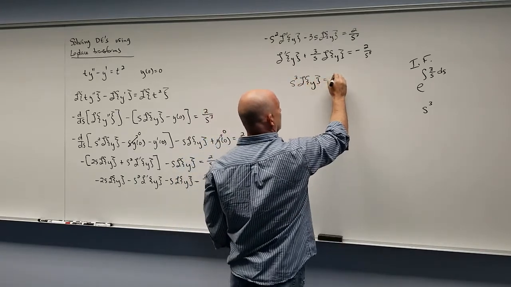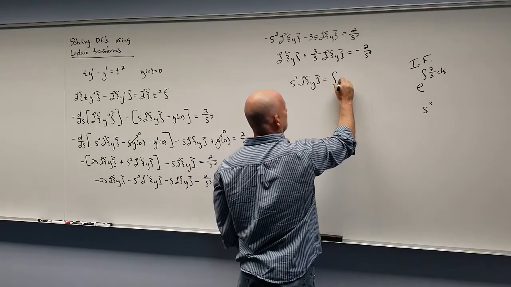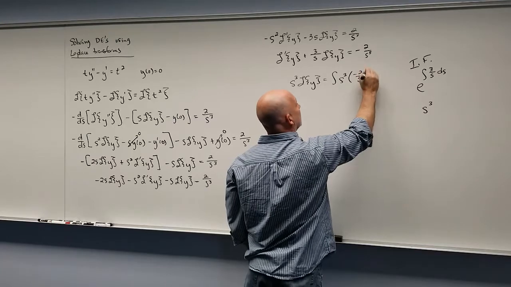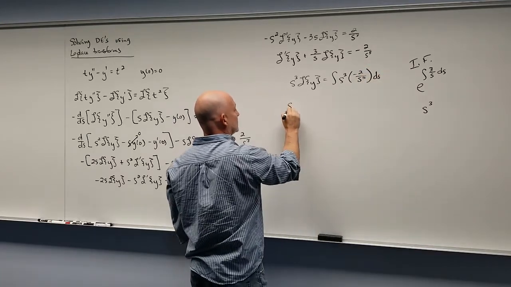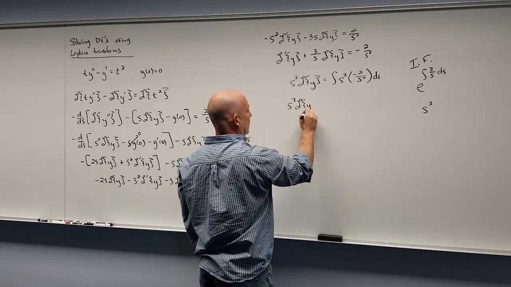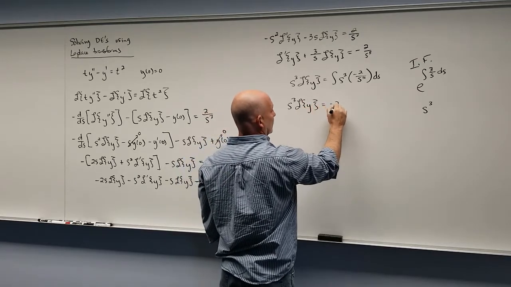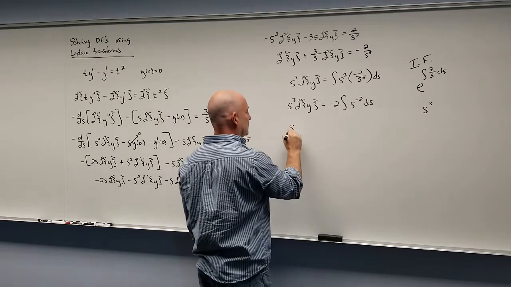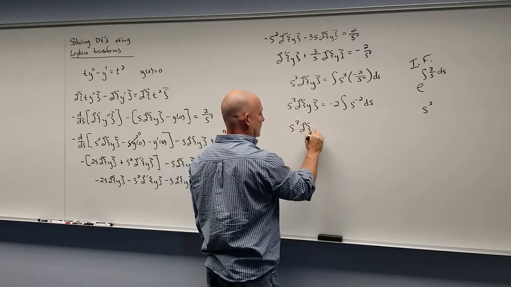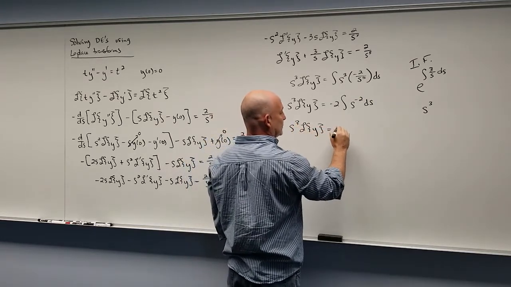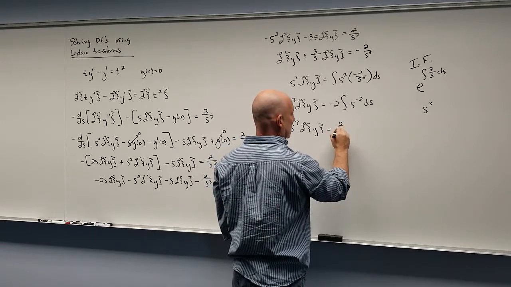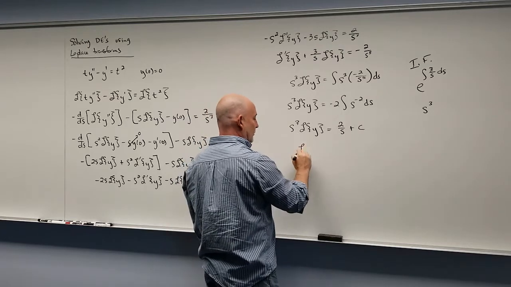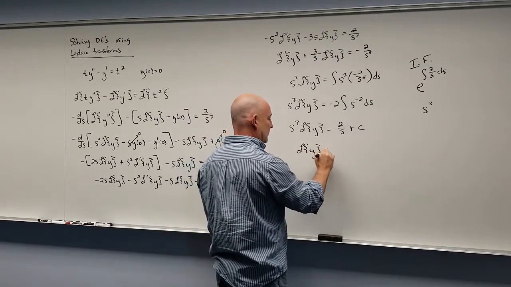On the other side, we need to multiply and integrate. So this is s cubed Laplace transform of y equals, I'm just going to pull the negative 2 out, s to the negative 2 ds. So this is s cubed Laplace transform of y is equal to, we integrate that, that's 2 over s plus c. So to finish solving for the Laplace transform of y, we just divide by s cubed.